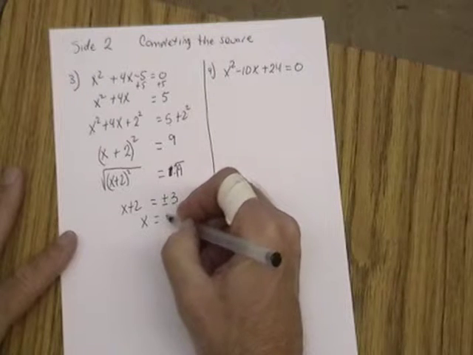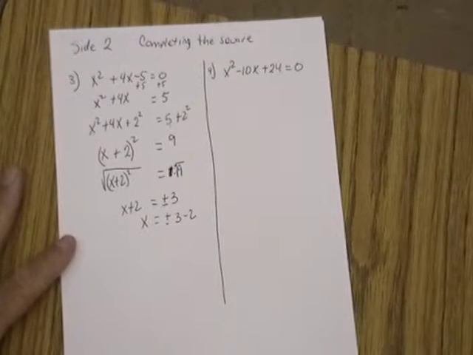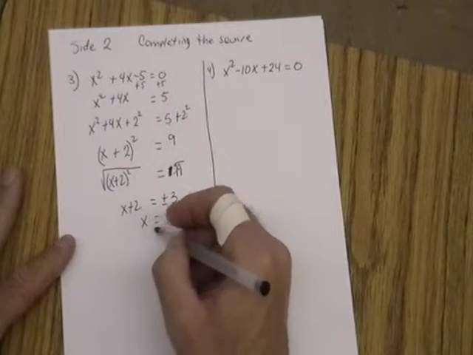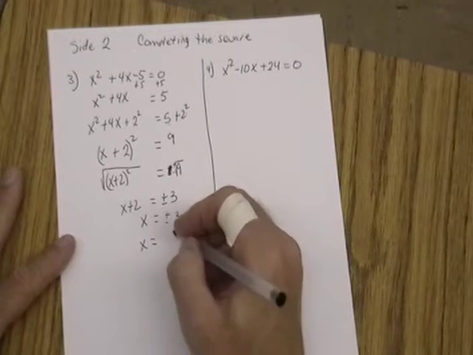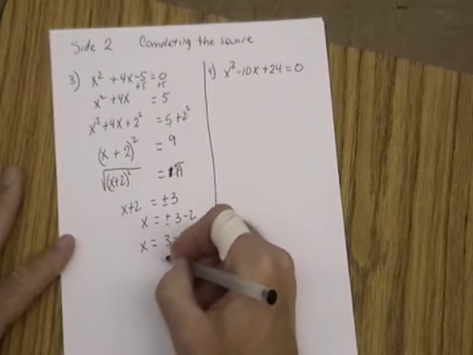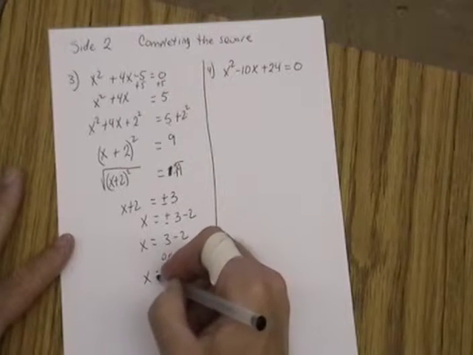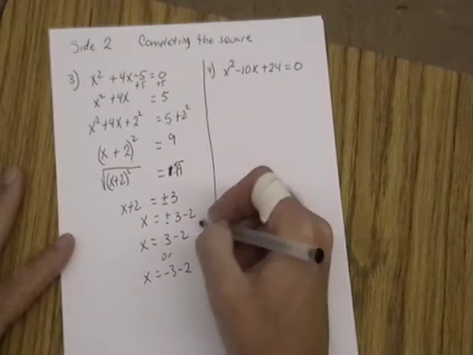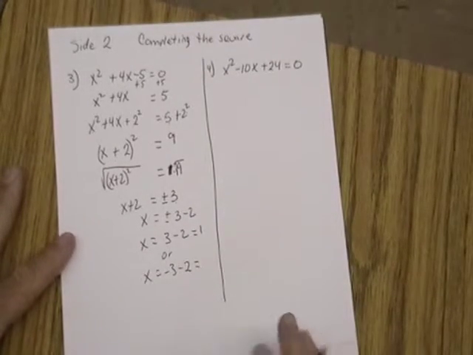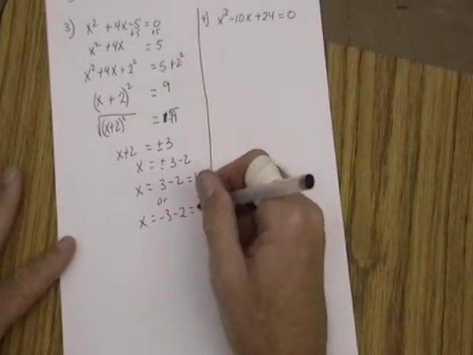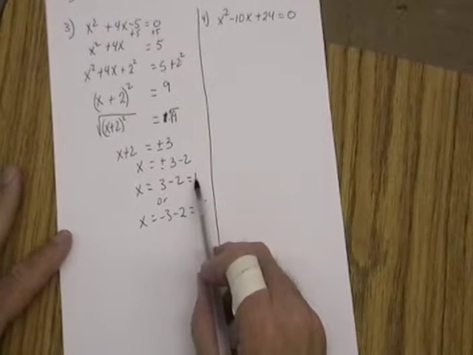And so we get plus or minus 3 minus 2. Then x could be one of two things. It could be the plus 3 minus 2, or it could be the negative 3 minus 2. So therefore, x equals 1, or x equals negative 5.